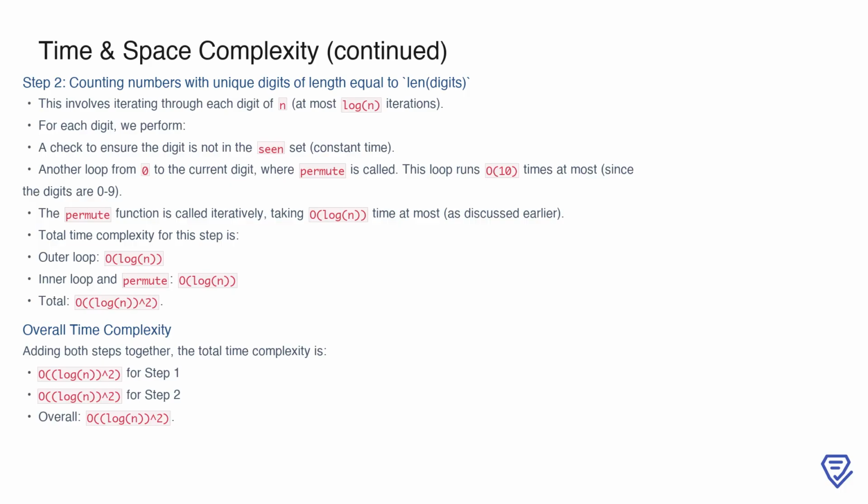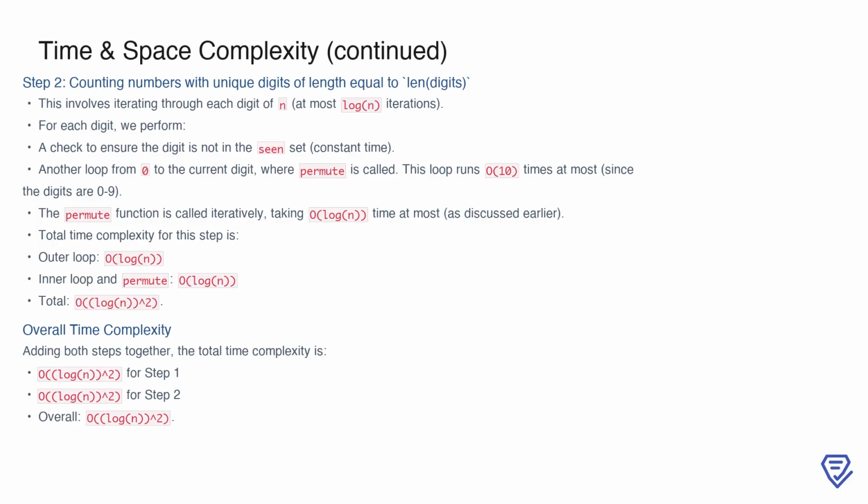Second, we perform another loop from 0 to the current digit, calling the permute function in each iteration. Since the digits range from 0 to 9, this inner loop executes at most 10 times. Each permute call operates in O(log n) time, making the overall contribution of this inner loop O(log n). Combining this with the outer loop, which also takes O(log n), the total time complexity of this step is O(log n)^2.